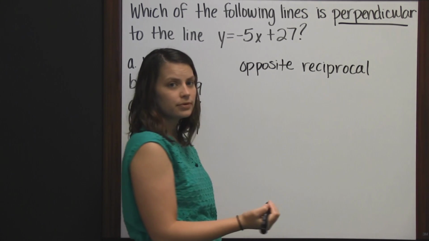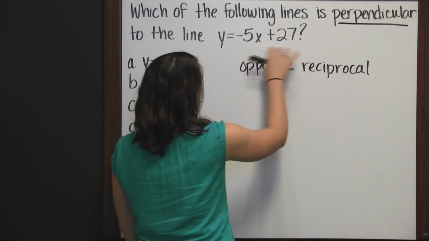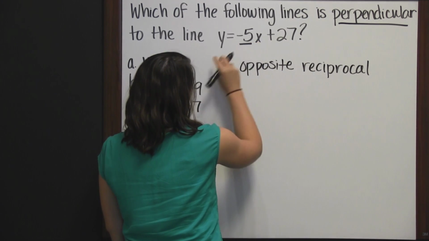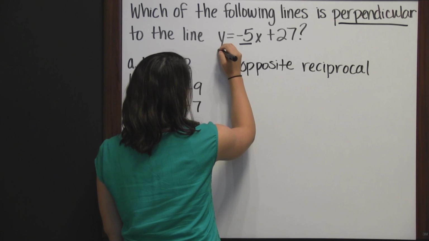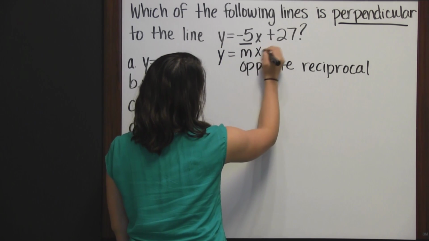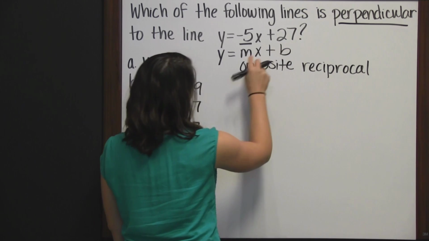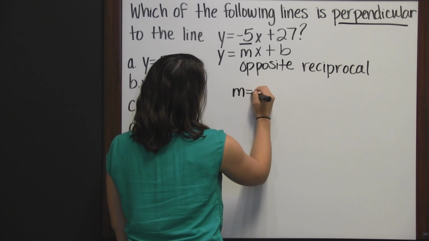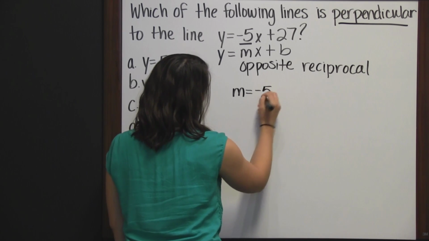The slope in this equation is -5, because this equation is in slope-intercept form, which is y equals mx plus b, where the m is the slope. So the slope of this line is -5.